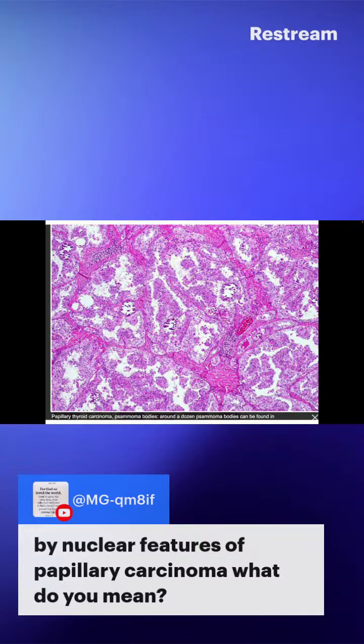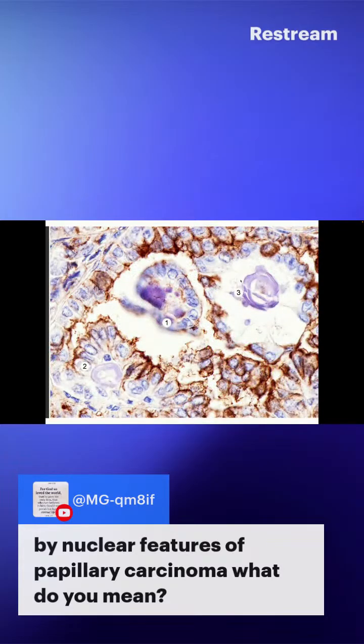I think more than 50% of the time you can see it. It's the psammoma bodies, which is the calcification here. But I have a better picture for psammoma bodies, I think. Yes, here. So they are saying this is like onion skinning, really layered here. Here you can see as well.